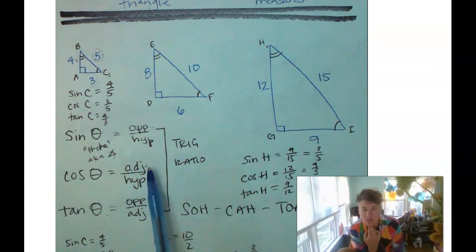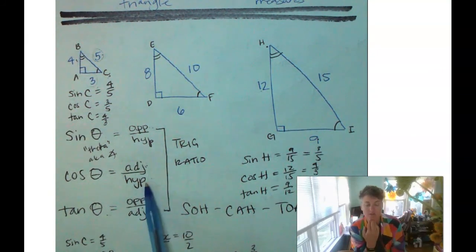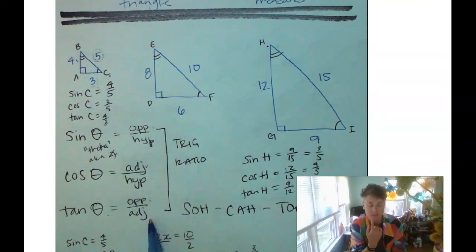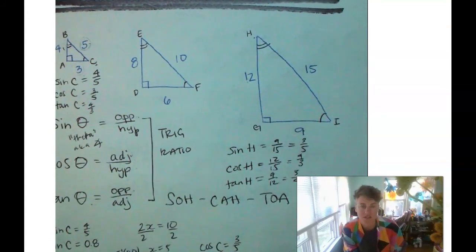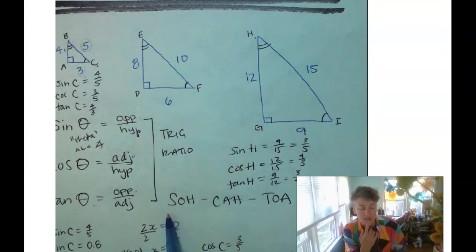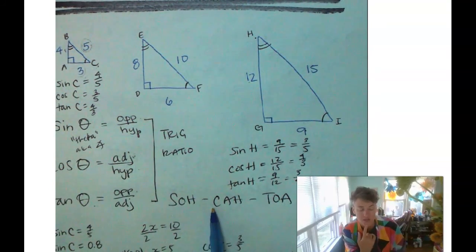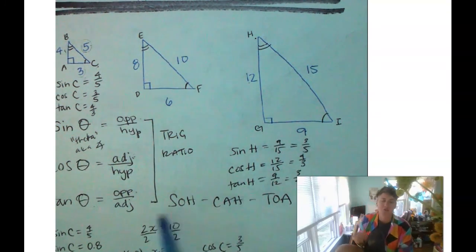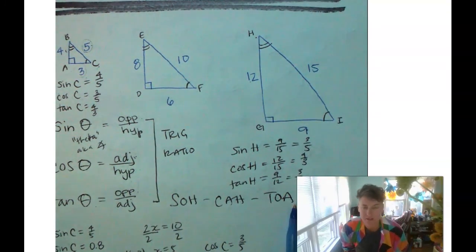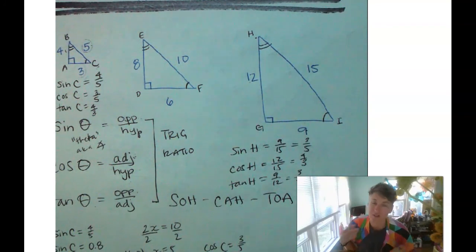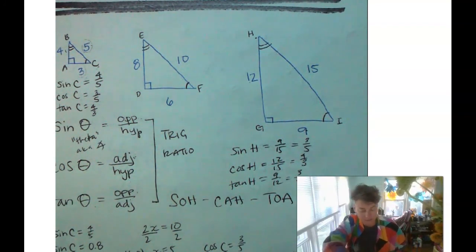Cosine is the side adjacent to that angle over the hypotenuse, and tangent is the opposite over adjacent. You can use this little mnemonic to help you remember: SOHCAHTOA. But you'll have your notes, you'll have the internet, so you don't have to memorize it, but if you want to, because it's speedier, go for it.